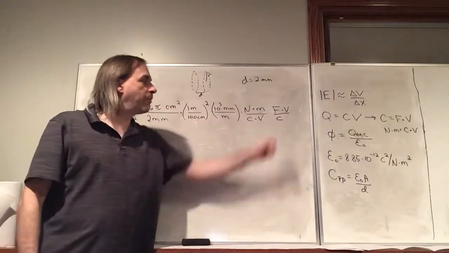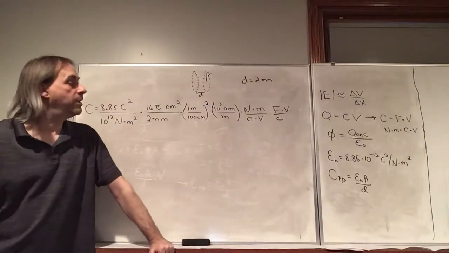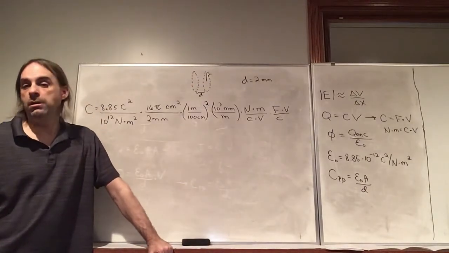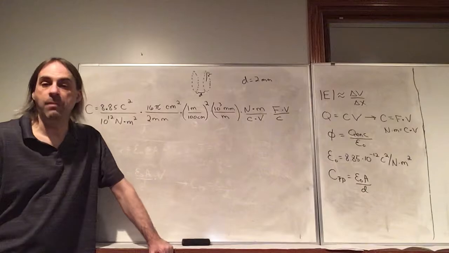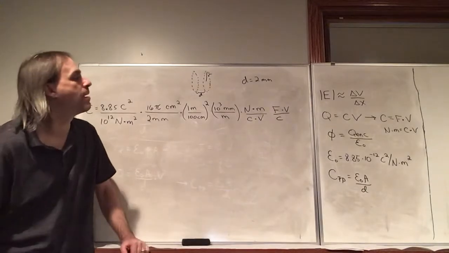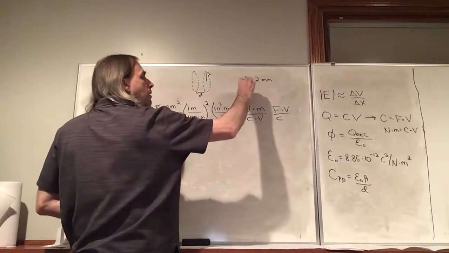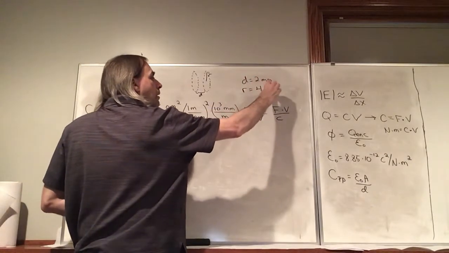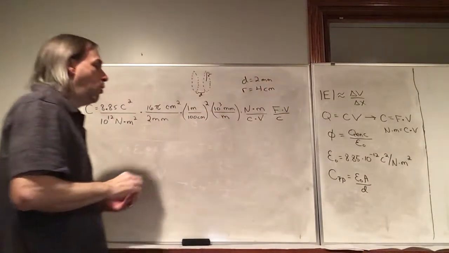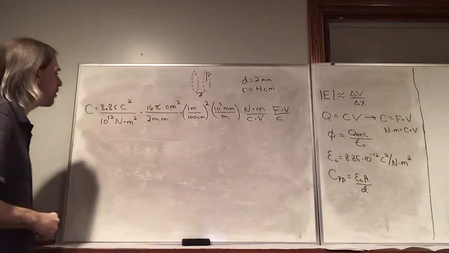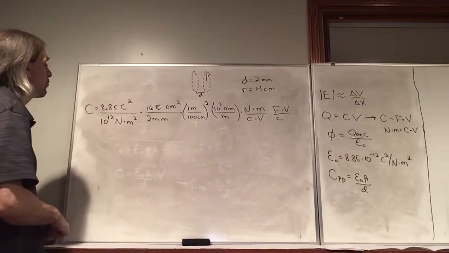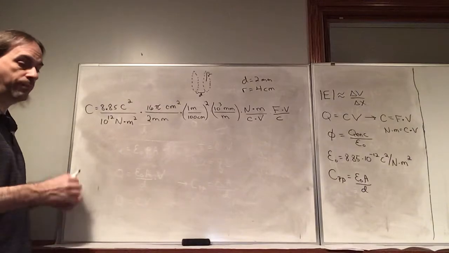And all these conversion factors are on the equation sheet, so you could always just look those up if you don't happen to memorize them, which is fine. You don't need to memorize them all. It just takes a little practice, but if you get in the habit of this, it's extremely helpful.